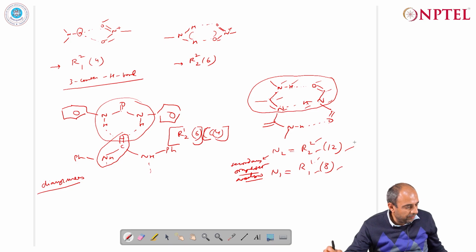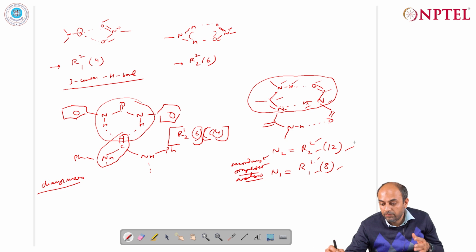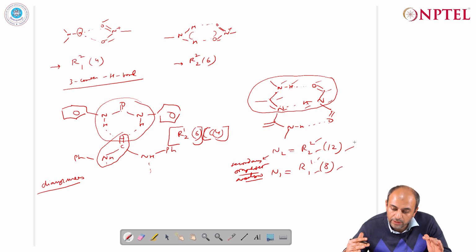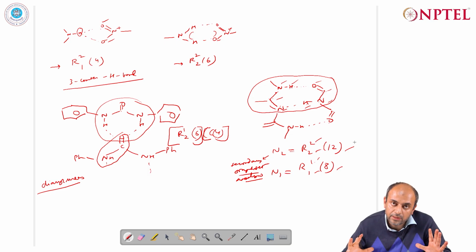So in this way, graph set analysis is very useful to understand the arrangements of different hydrogen bonds in different crystal structures, and particularly in case of polymorphs, this is very useful to differentiate between the different hydrogen bonding arrangements which govern formation of polymorphs.